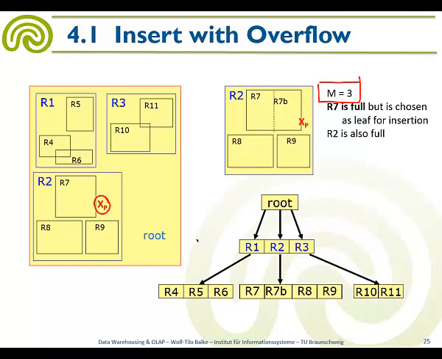You're only allowed to have 3 children. Good? And now you've decided, well, we've already passed the first step of deciding which cluster to put it in. So it was clear that it has to be in R2. And the second step was, should it be in R7 or in R9 or in R8?